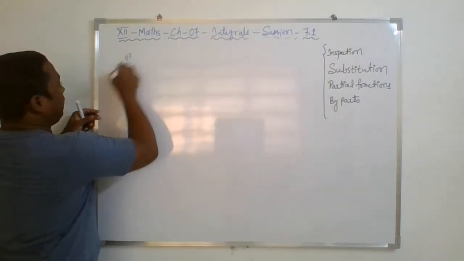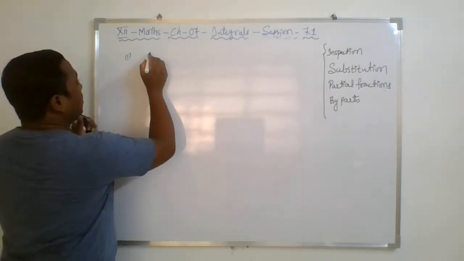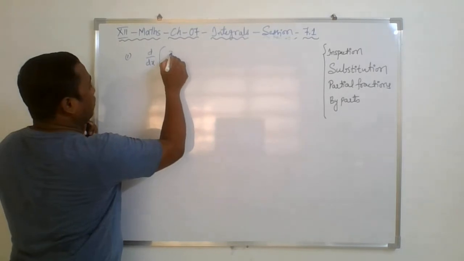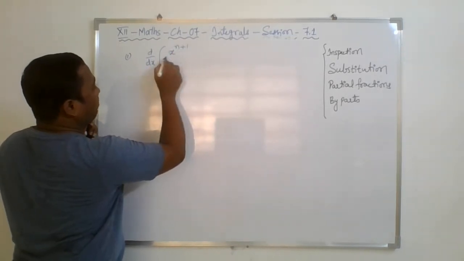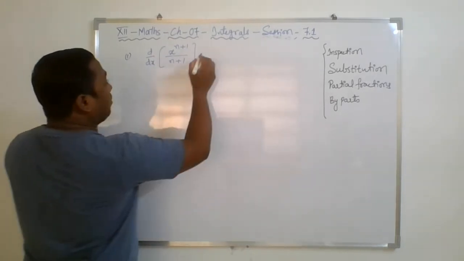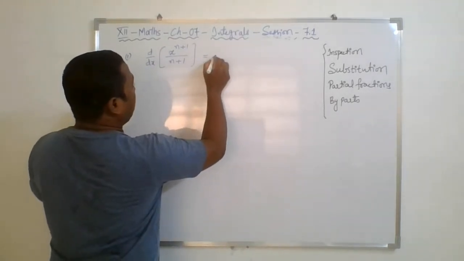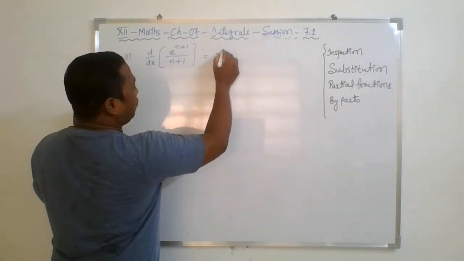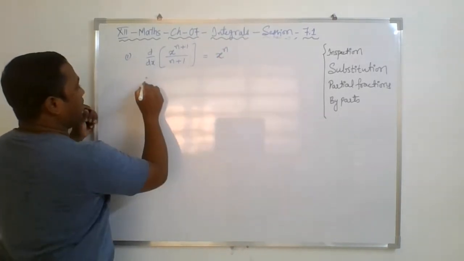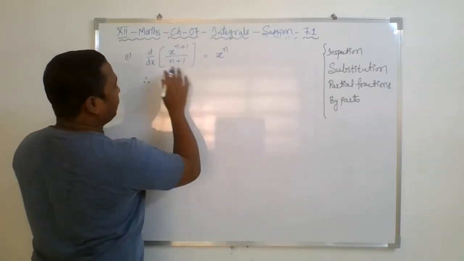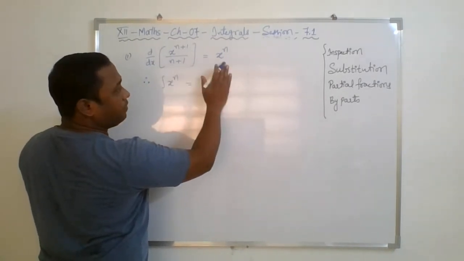Right. The first one I'm speaking about. See, the derivative of x to the power of n plus 1 by n plus 1 is what? If we differentiate it, you will get x to the power of n. So the integral of x power n, if this is a function, its derivative is this.